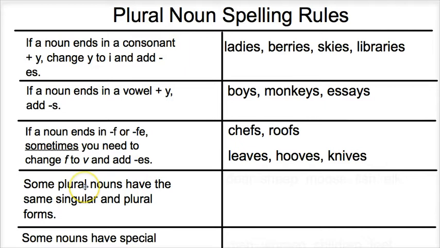Some plural nouns have the same singular and plural forms. Here are a few examples. Deer. We don't say deers, we say deer. Sheep. Moose. Fish and elk. Did you know there's a special rule for when you can use the word fishes?